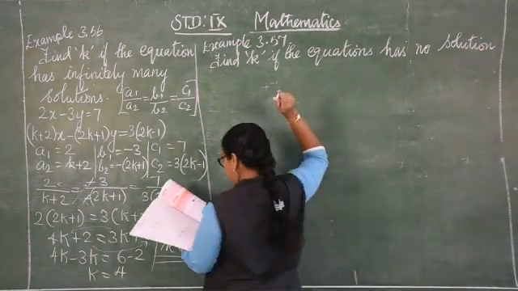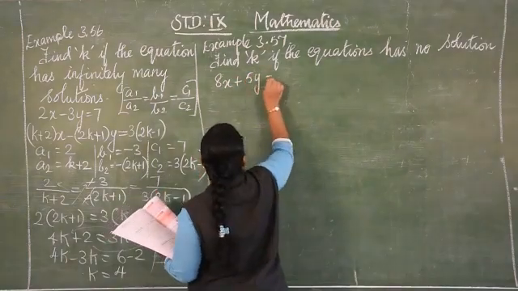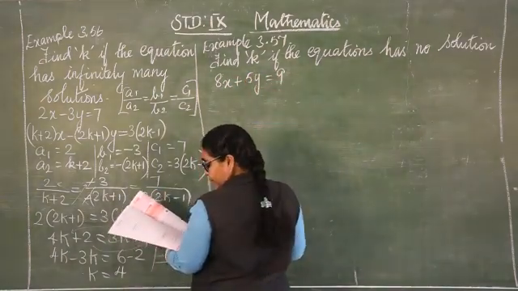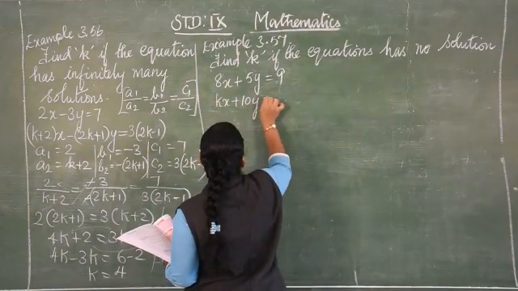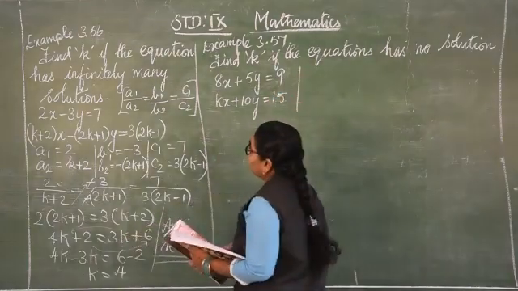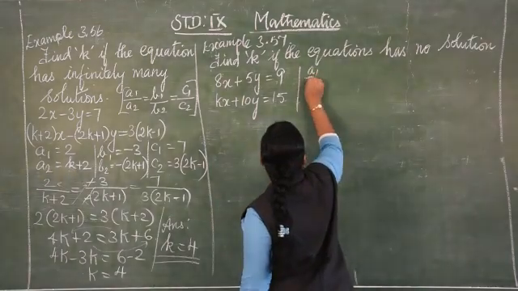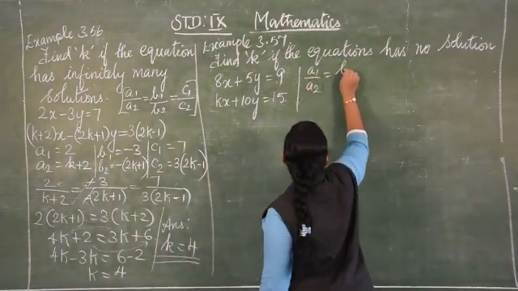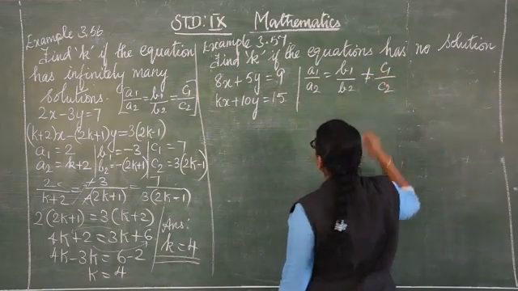So the equations are 8x plus 5y is equal to 9, and the next one, kx plus 10y is equal to 15. For no solution, we must get the condition a1 by a2 is equal to b1 by b2 should not be equal to c1 by c2.